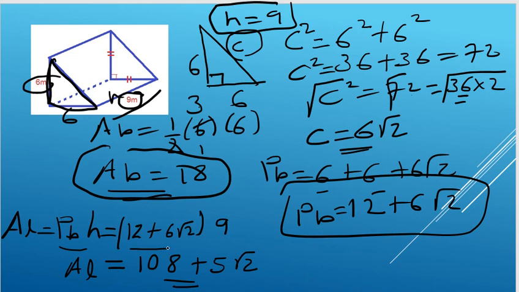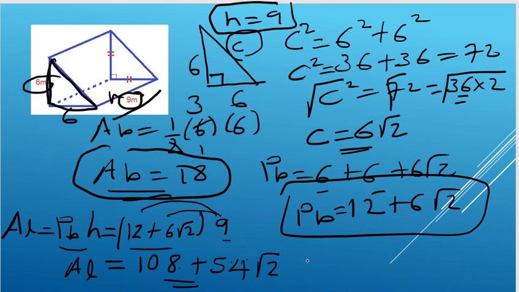The perimeter of the base we got already, 12 plus 6 radical 2. Then the height is 9. When you multiply, the 9 will multiply each of them. 9 times 12 will be 108, and 9 times 6 will be 54. Let us correct it: 54 radical 2. This is the area lateral.